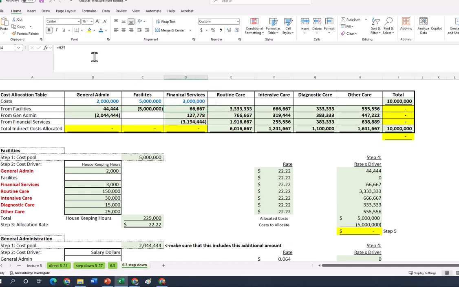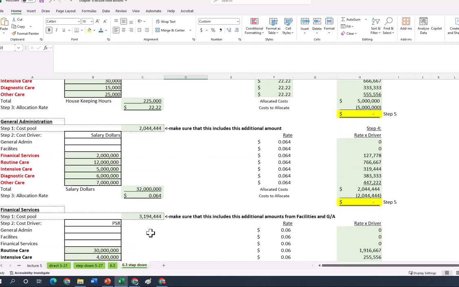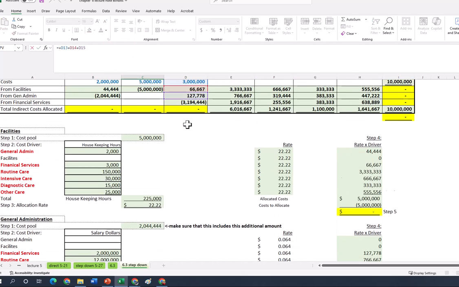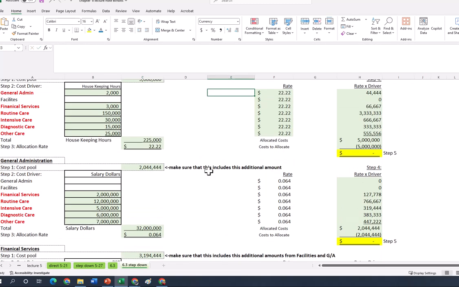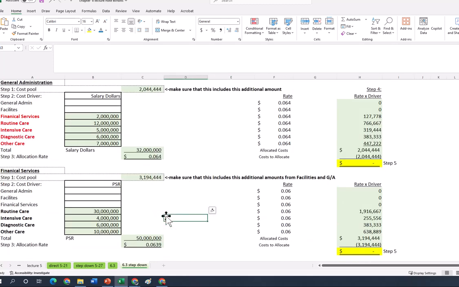It picked up that 66,000 and change from facilities. It picked up 127,000 and change from general administration, right? And so the cost pool is what we started and what we added. So it's a bigger cost pool because we've stepped down. And then again, the rest is kind of the same.